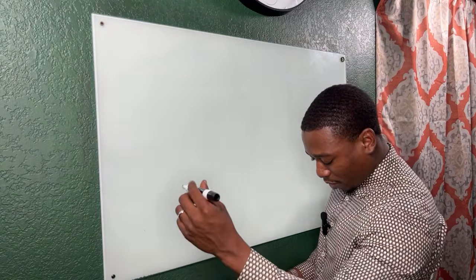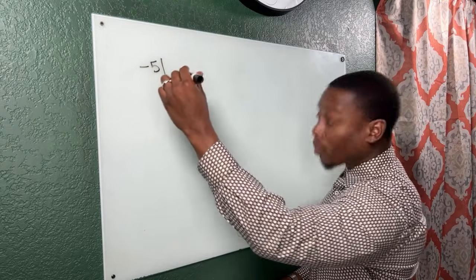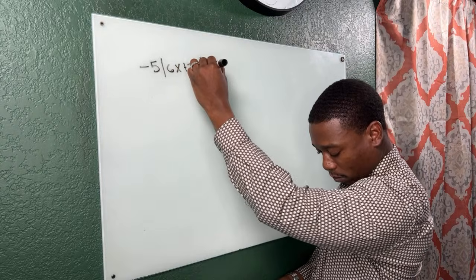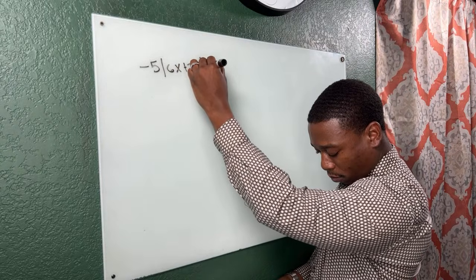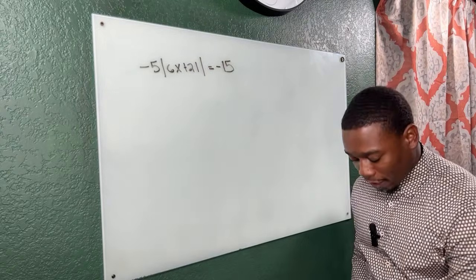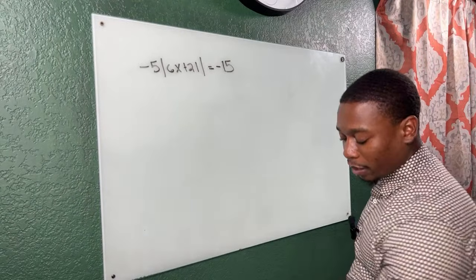So I did this in a recent video, right? So let's say we had this problem. All right, so number 1, with absolute value, it can never be negative.